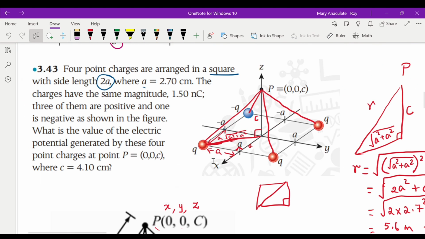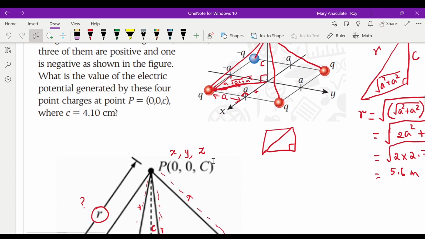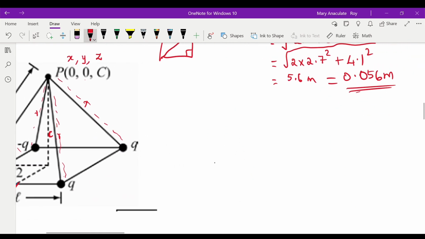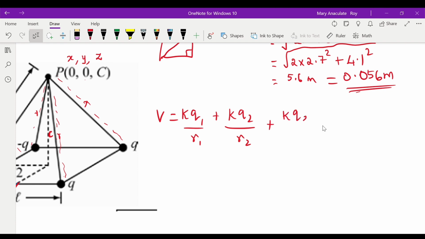So what's the question? They ask you to find electric potential. There are 4 charges, so you can expand the formula by writing the 4 terms. V is equal to KQ1 over R1 plus KQ2 over R2 plus KQ3 over R3 plus KQ4 over R4.